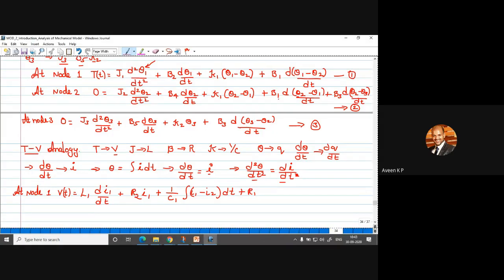So again, theta 1 and theta 2 we shall represent in terms of current. B1 will be replaced by R1.